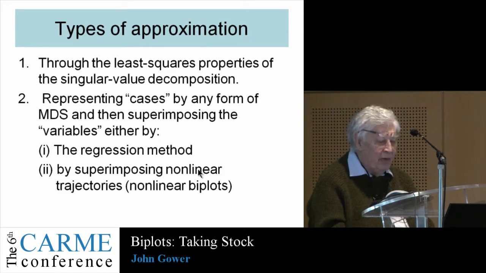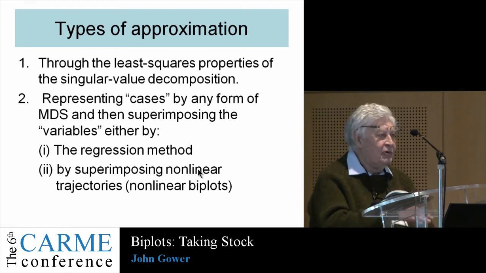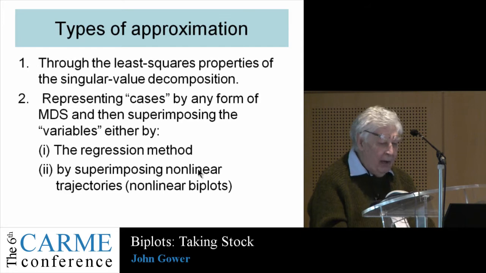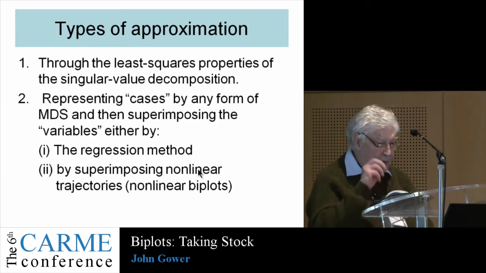And there are two methods that I know for doing it. One is a rather well-known regression method, which regresses the values of the variables on the coordinates of the points. And the other is something which I developed some while ago, called nonlinear biplots, where all you have to know is the distance of any point from all the cases, and that will allow you to put that point on the map.